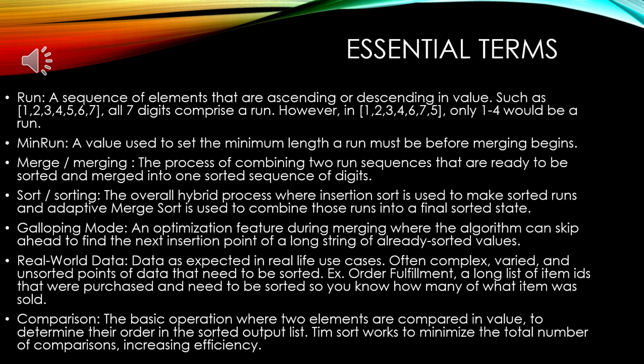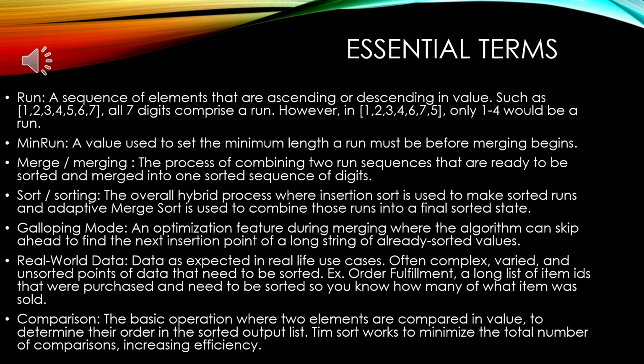Next is galloping mode. This is an optimization feature used during merging. If the algorithm sees that one of the two runs is consistently winning comparisons 7 times in a row, it will flag itself to turn on galloping mode.